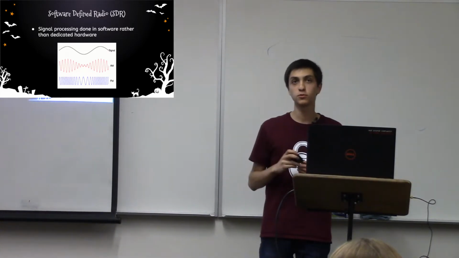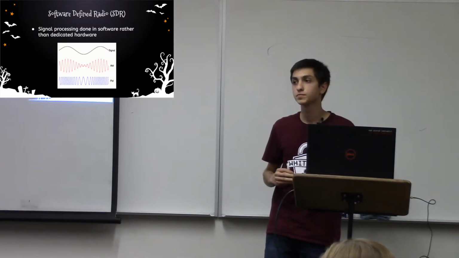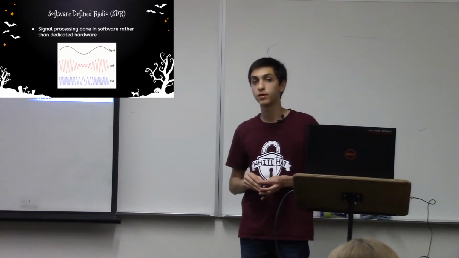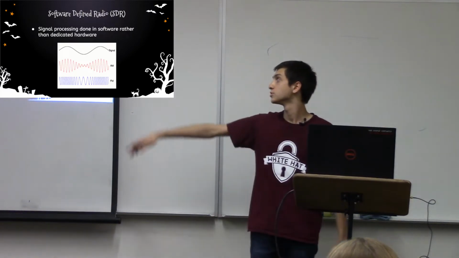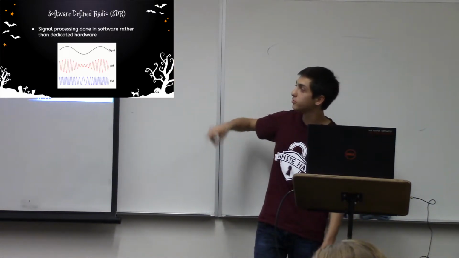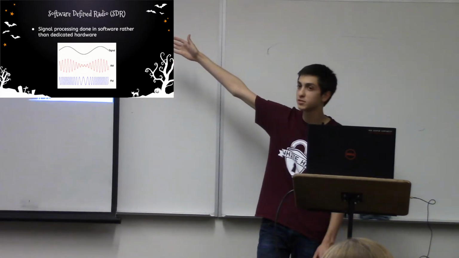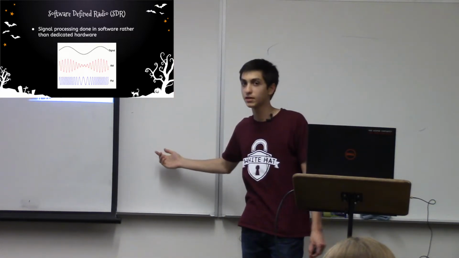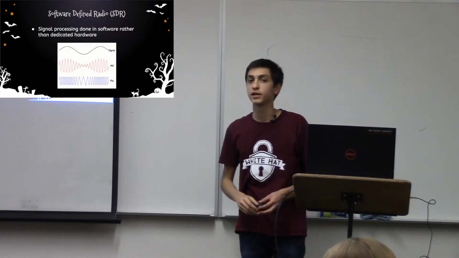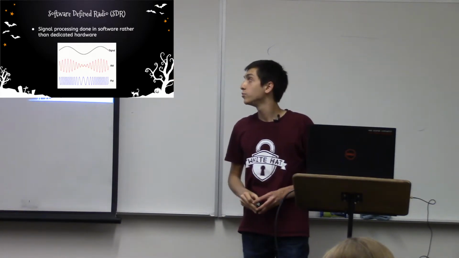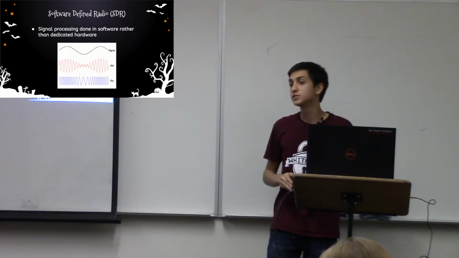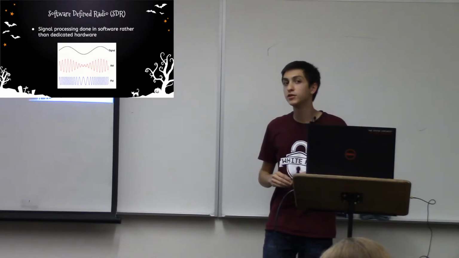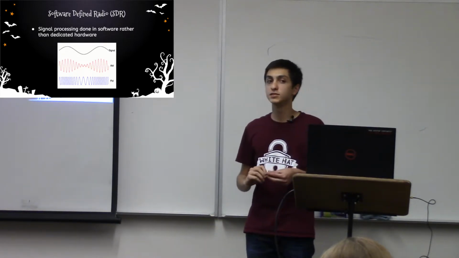This is really useful, say if you're trying to listen to different types of encoded signals. Like AM, where you change the amplitude of the wave that corresponds to the signal you're trying to get, and FM, where you change the frequency to correspond to the signal you're trying to get. So if you had hardware that only works on AM and you try to interpret FM, it's not going to work.